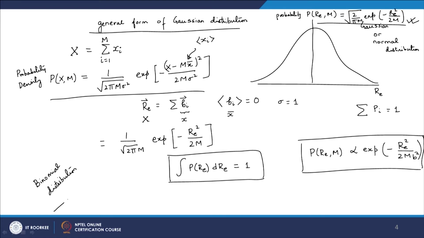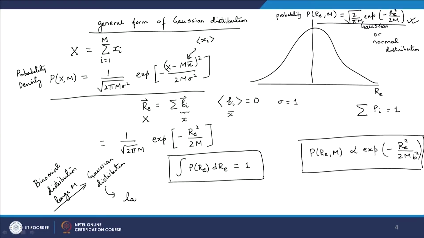And for large values of m, or the number of samples, the binomial distribution approaches the Gaussian distribution. This is one of the tenets of statistical mechanics. When the number of samples becomes large, all the distributions that we get in the discrete space approximate to the Gaussian distribution in the continuous space.